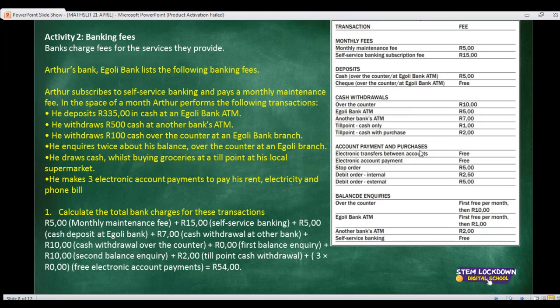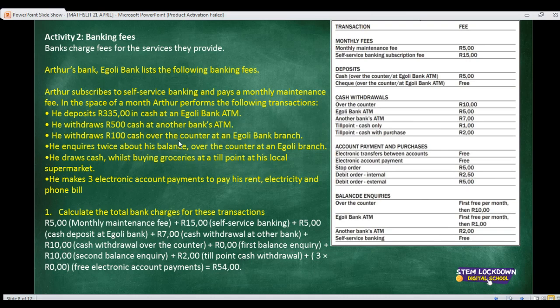So electronic account payments are free, and that's why even though he did 3 of those, it won't charge him anything. 3 multiplied by 0 would be 0, so it won't cost him anything because it is free. So that's how we work this out. Then our total is 54 rands. So this month, he had spent a total of 54 rands on bank charges.